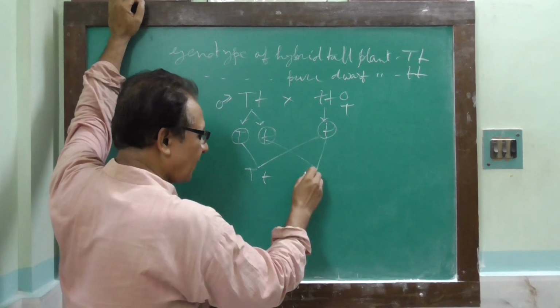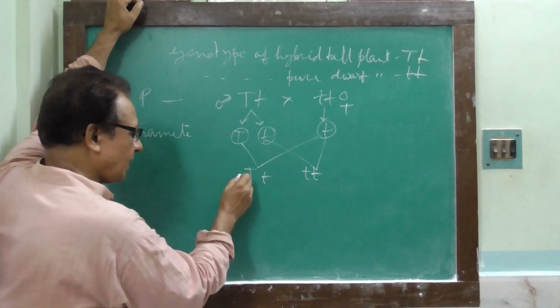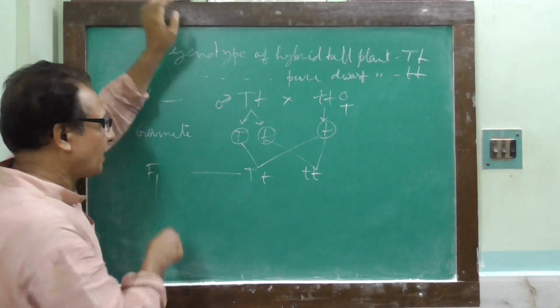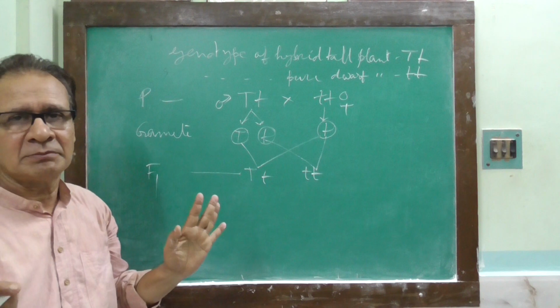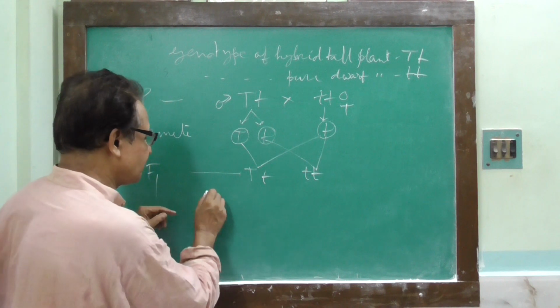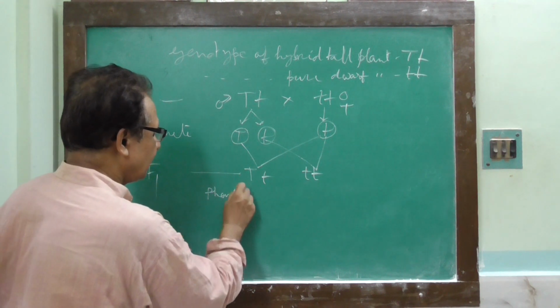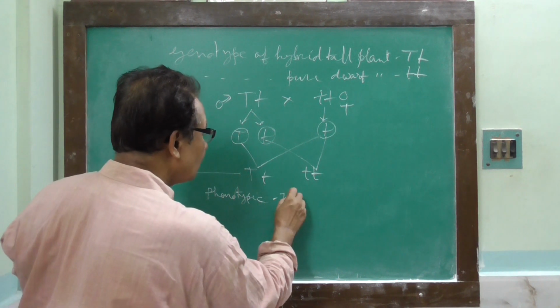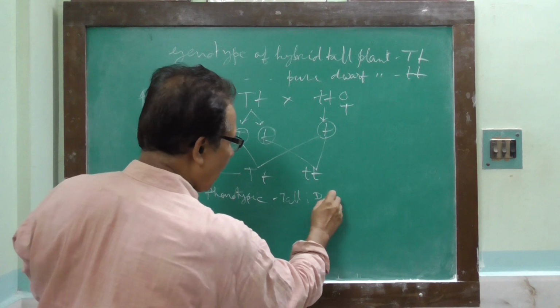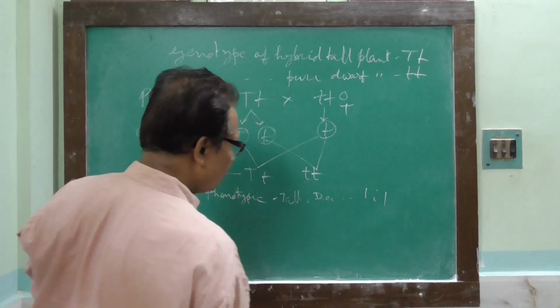If small t fertilizes small t, we get small t, small t in F1. It is the next generation. No further cross can be done. So the result is the phenotypic ratio tall to dwarf equal to 1:1.